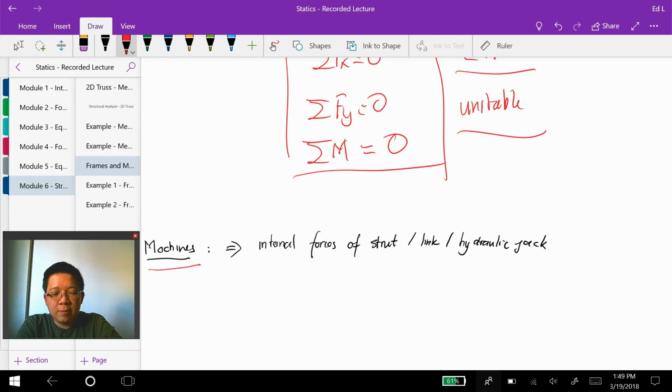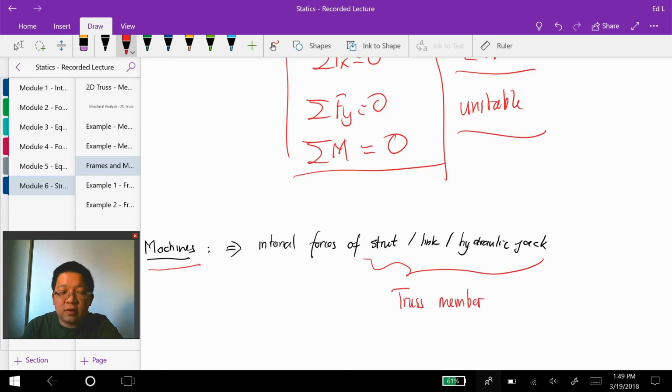For machines, typically the problems will ask you to calculate the internal force of the strut, link, or hydraulic jack that is used to support certain components in that machine. One thing that you have to remember is that the strut, link, and hydraulic jack force has very similar properties to the truss members that we have learned in the previous lectures.